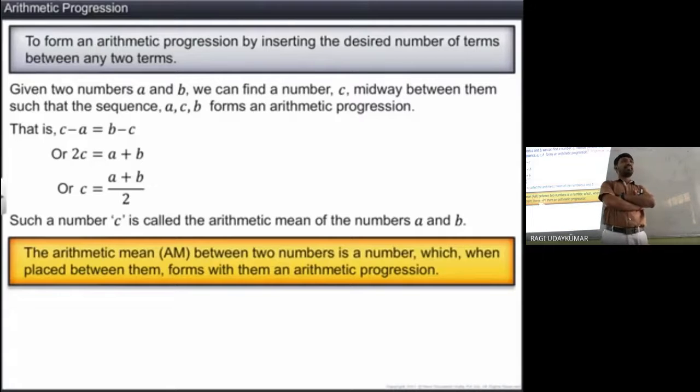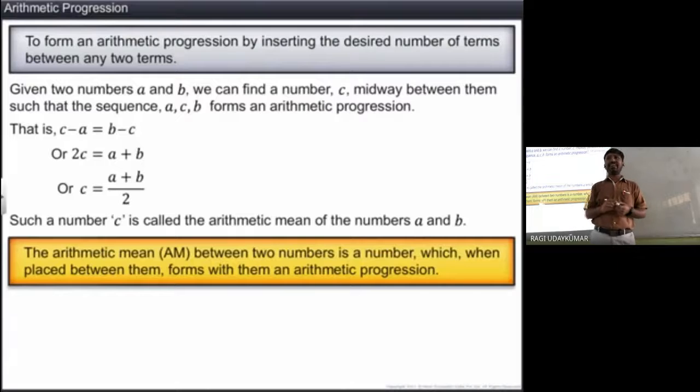From this you can say: 1 plus 10 by 2. What do you get? 11 by 2, which is 5.5. So 1, 5.5, 10 is an arithmetic progression. Don't consider that it should always be an integer.